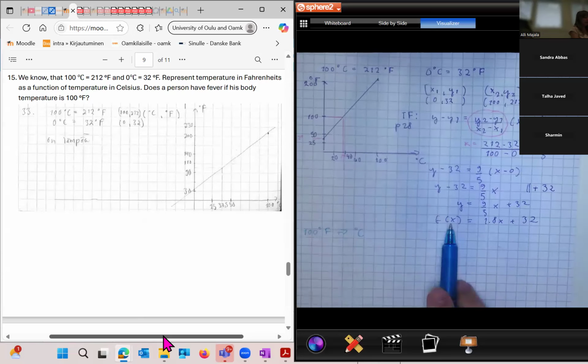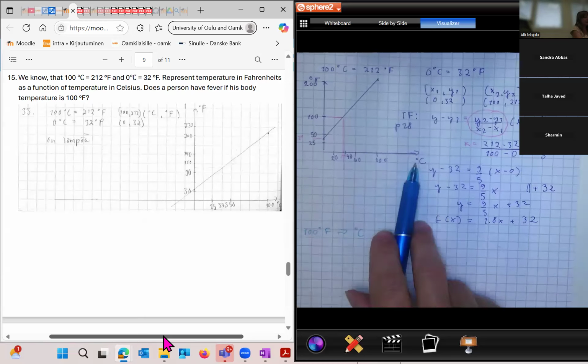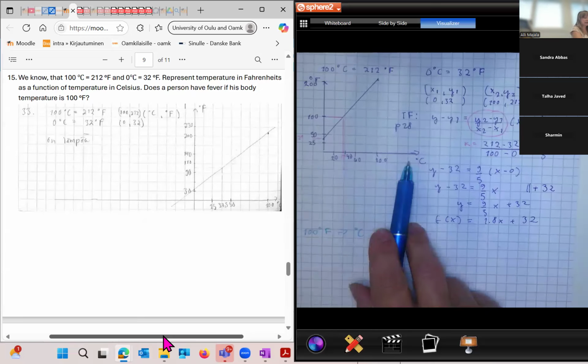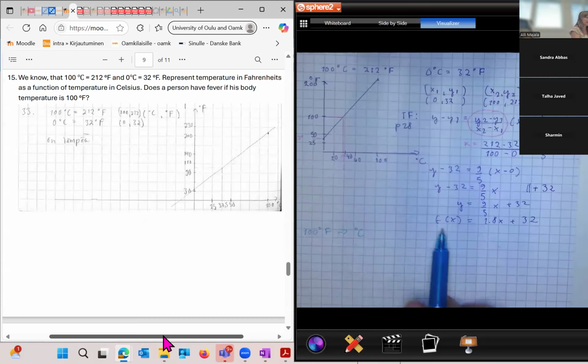But with this equation, I actually convert the Celsius into Fahrenheit, don't I? So the Celsius is on this line. With this equation, I can put any value and I get the value in Fahrenheit. But how about this? I didn't really get anywhere, did I?